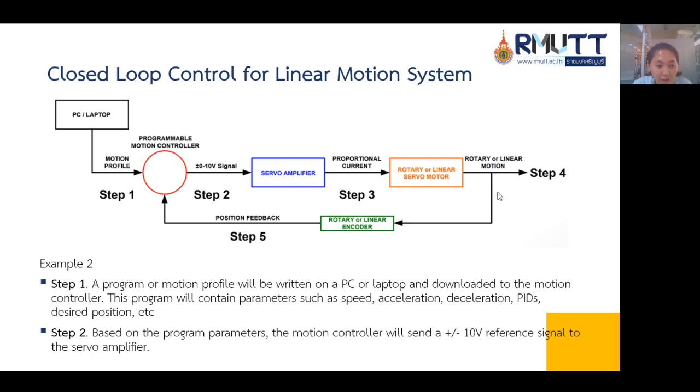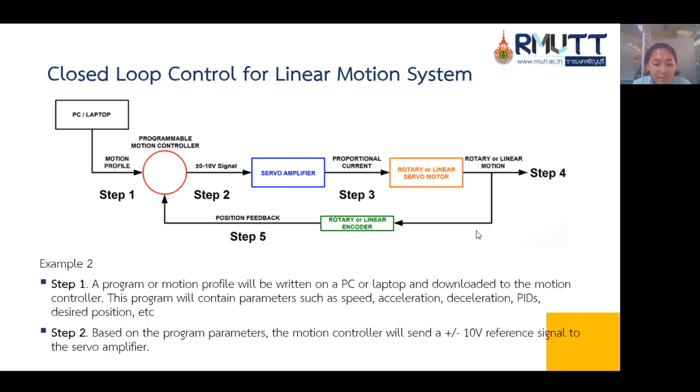From this block diagram, there is a PC or laptop, there is a motion profile, programmable motion controller, there is a set point here, there is a servo amplifier, then it gets the output proportional current, and then close to the plant, the rotary or linear servo motor or actuator, and then there is a rotary or linear motion for the output.